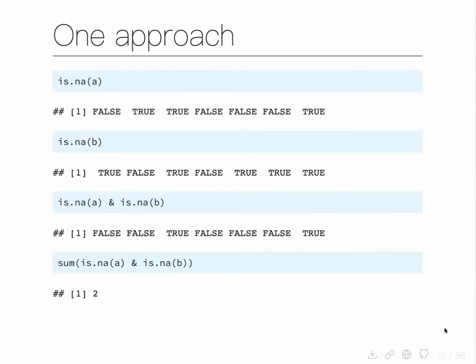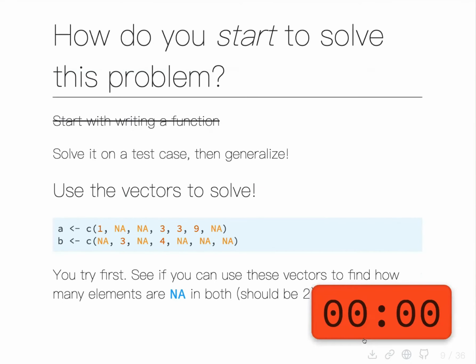Did anybody else have a different solution? I had a different solution, and now I'm wondering if it's doing the same thing or not. But I did sum is.na A or B. Oh, okay. Yeah, that should work too. Wait, A or B? Did you get 2? Yep, I still got 2. Yeah, I think that works. I just have to think why. A or B. Oh, right.